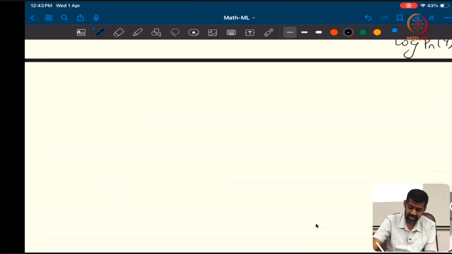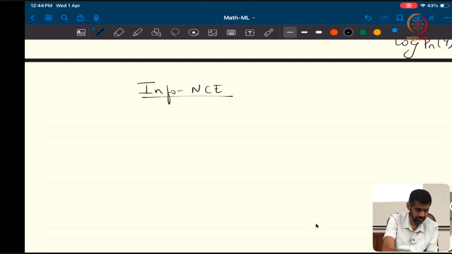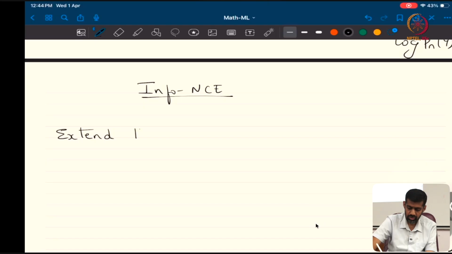What is used is its cousin by name Info-NCE, where the idea is simply to extend the problem of NCE to a multi-class classification problem.